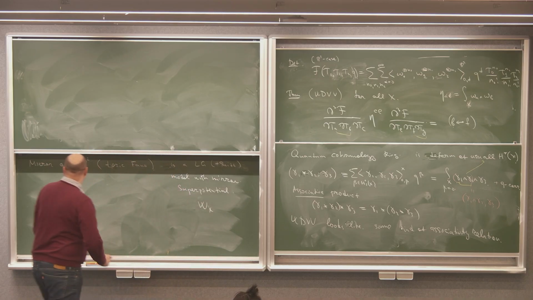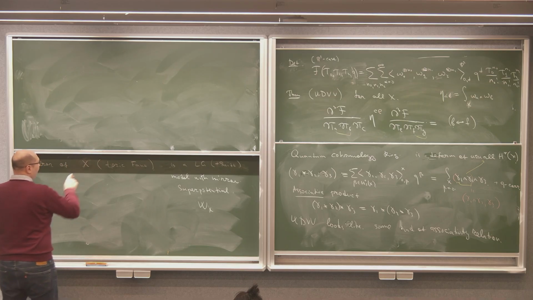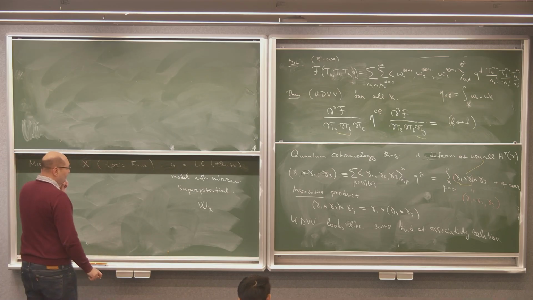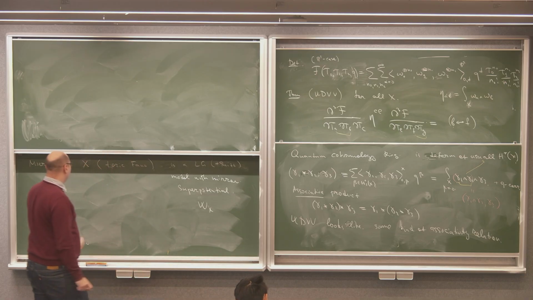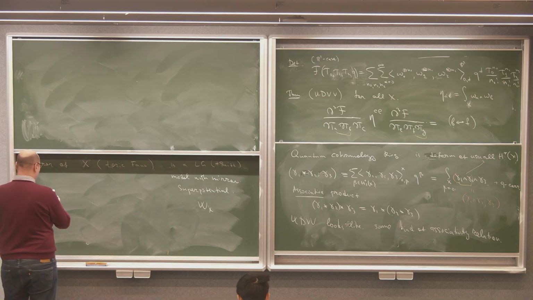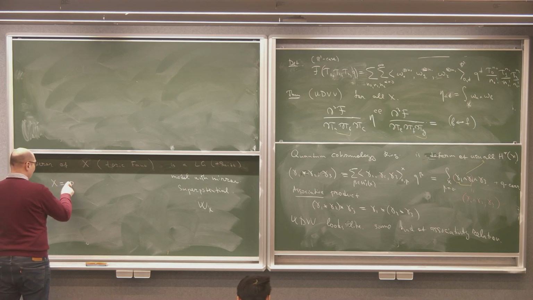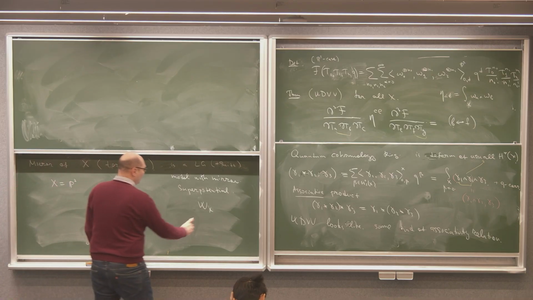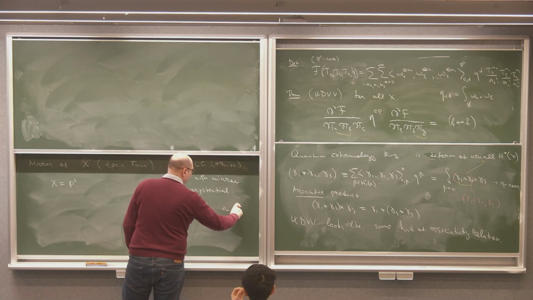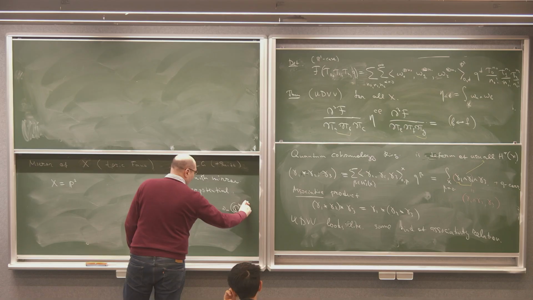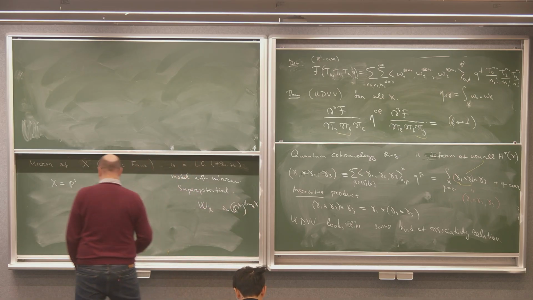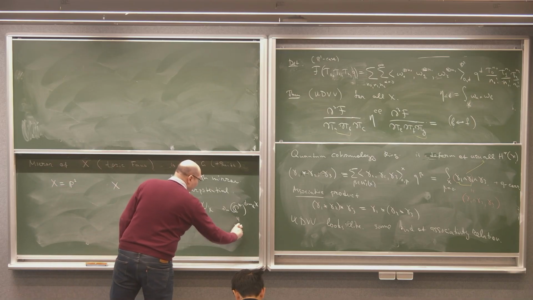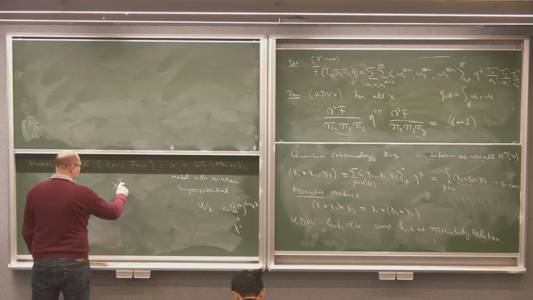And this mirror superpotential, let me call it W_X, depends on X, and that's what carries the information about X. So if X equals P2, the mirror is (C*) to the complex dimension of X. I think that's what people usually call X check, the mirror dual.